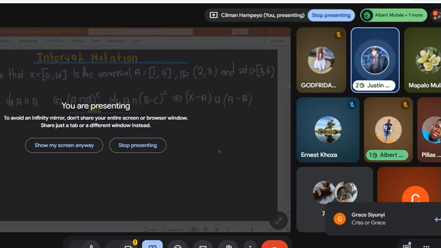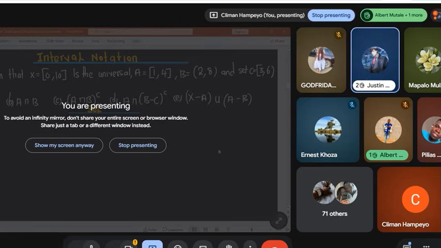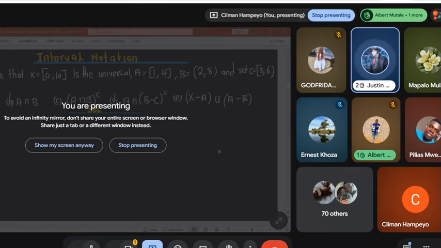So, given that x equals inclusive bracket 0, 10, inclusive bracket is the universal, A equals inclusive bracket 1, 4, inclusive bracket, B equals open bracket 2, 8, close bracket, and set C equals inclusive bracket 3, 6, close bracket.